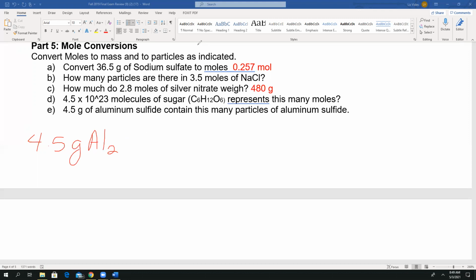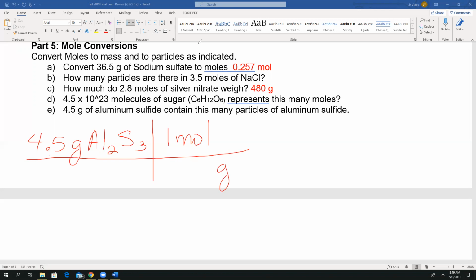So it's Al2S3. Contain this many particles of aluminum sulfide. So in this case, we gotta go to moles first. So 1 mole would be here, and grams would go here. So guess what? Yes, molar mass again.